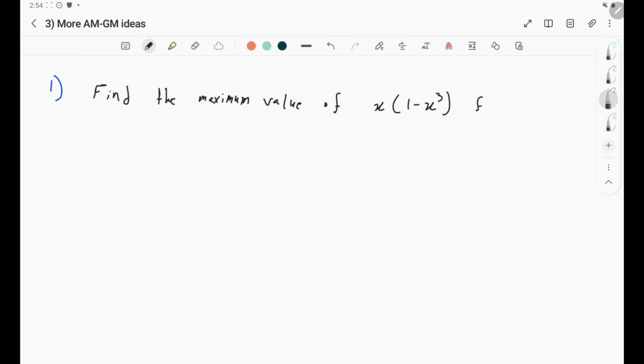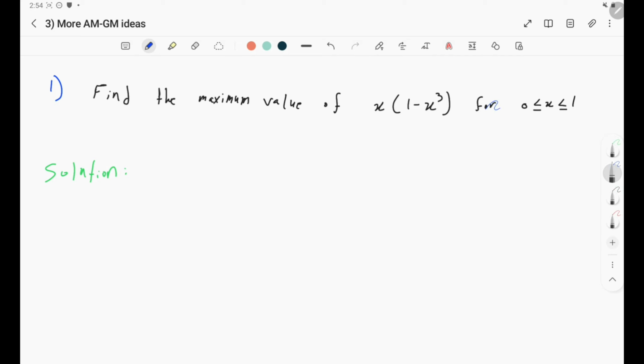Of course, they're telling us that x is between 0 and 1. Alright. Let's see how we can deal with this question.